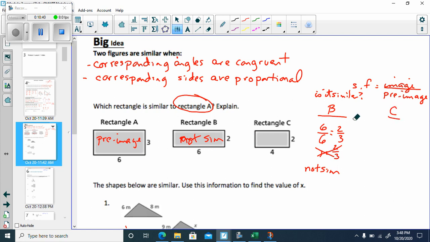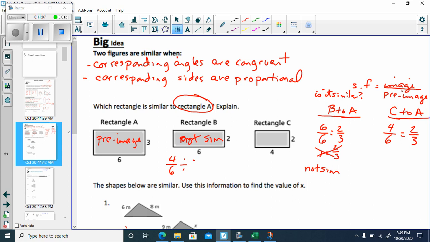Let's compare C to A, okay? This was B to A. This is going to be C to A. Let's compare and see if these sides are proportional. C. Corresponding sides, 4/6. Is that equal to 2/3? Let's reduce 4/6.